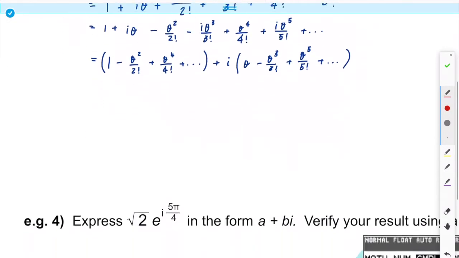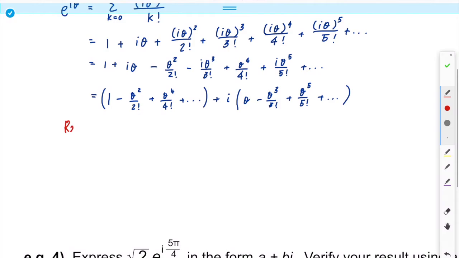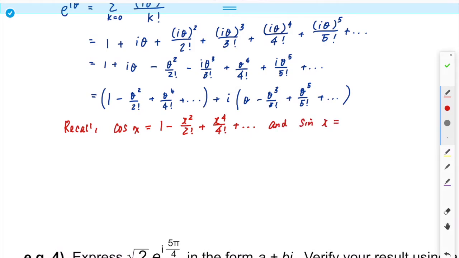If you recall, cosine x has a Maclaurin series of 1 minus x squared over 2 factorial plus x to the 4 over 4 factorial plus dot dot dot. And sine x has a Maclaurin series of x minus x cubed over 3 factorial plus x to the 5th over 5 factorial minus dot dot dot. Minus plus doesn't matter at the end.